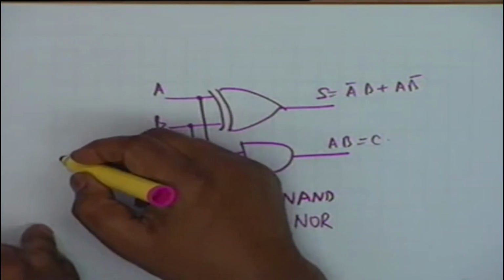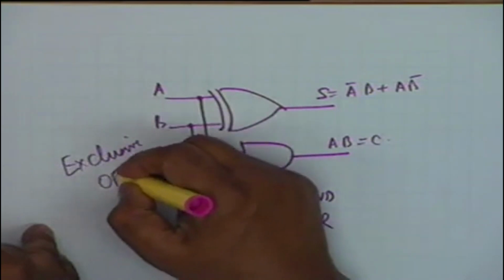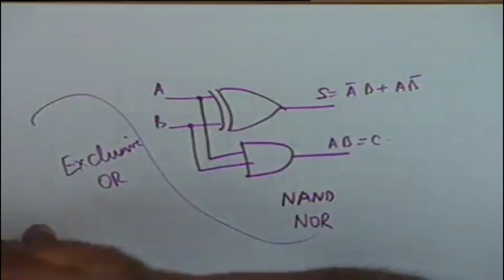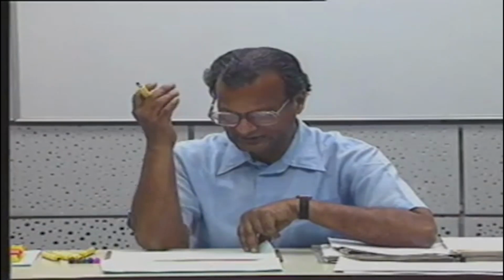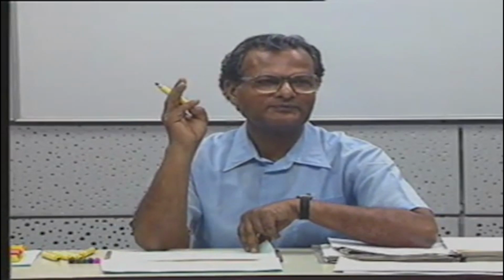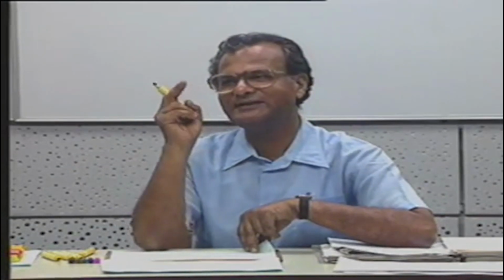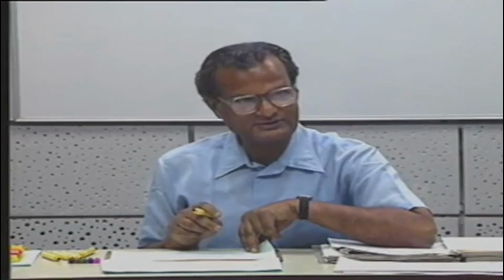Suppose a company decides to manufacture only exclusive OR gates, and in your circuit design you require AND gates, OR gates, NOT gates. That is the inability. So exclusive OR is therefore not a universal gate.